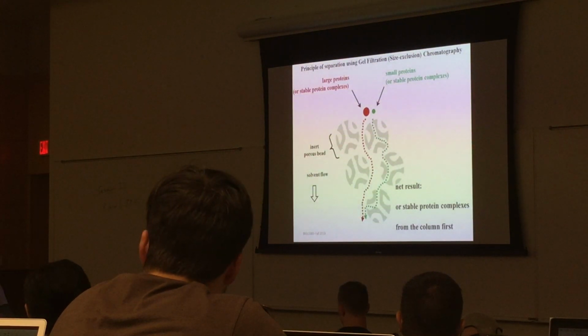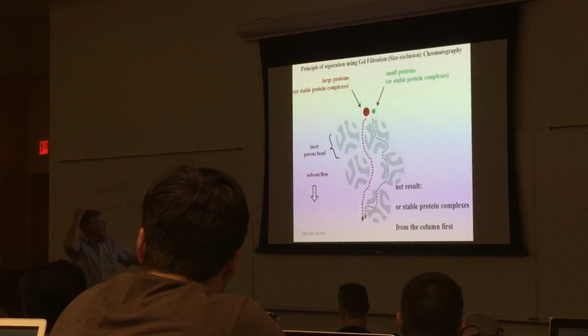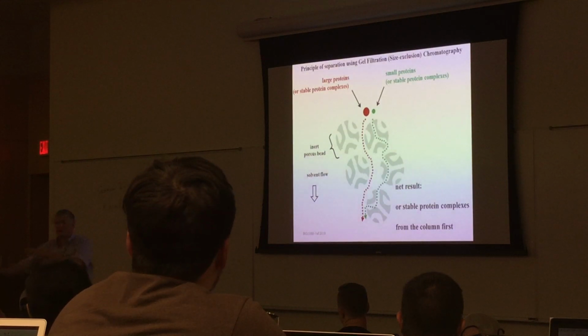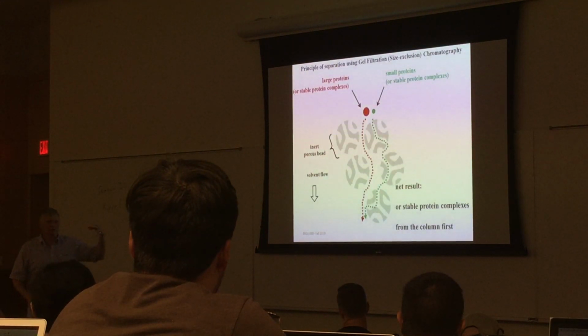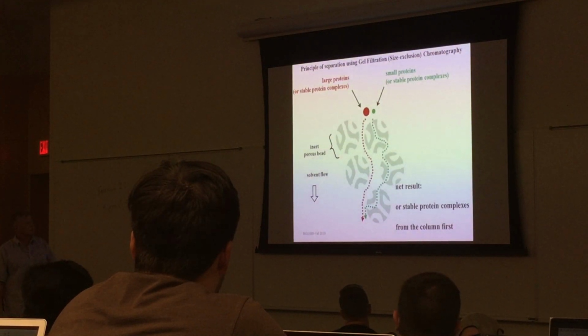How they're folded and interact together. This is a quaternary structure. And so if that quaternary structure is stable under our conditions, then we behave as one unit. So stable protein complexes. Okay, so tertiary structure is referring to a single protein, and quaternary structure is talking about multiple polypeptides or multiple proteins interacting together.